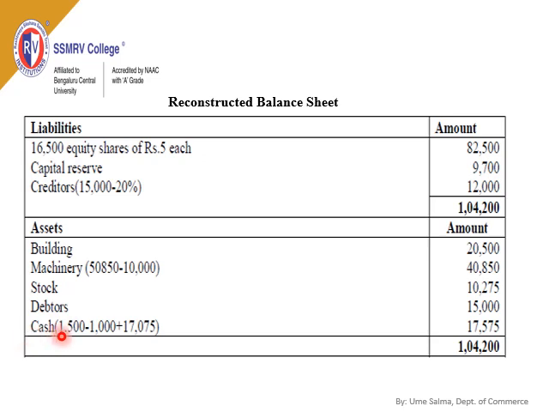It is shown in your earlier balance sheet as 1,500. We are showing here 1,000 minus. Why is this 1,000 now being reduced out of this 1,500? Because 1,000 is incurred towards the reconstruction expenses.